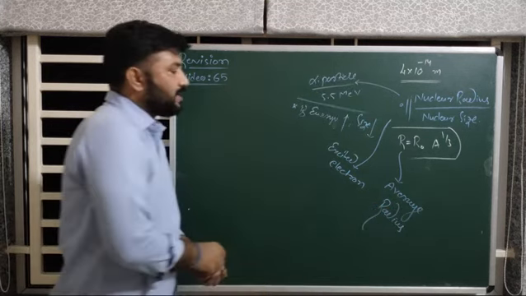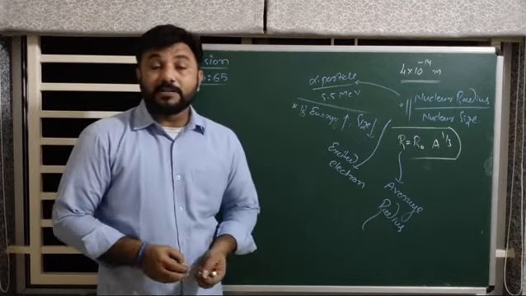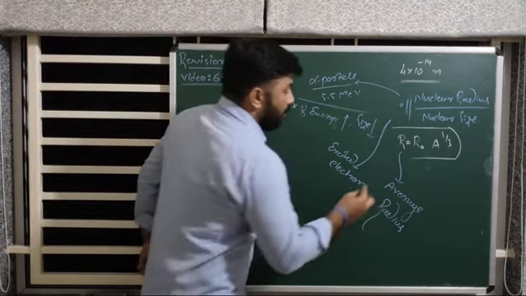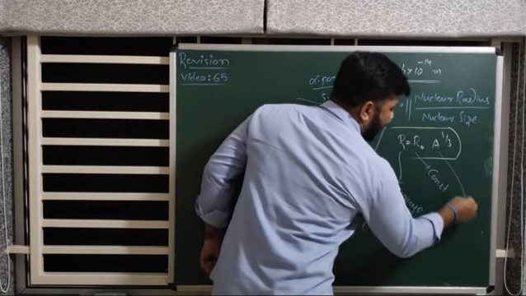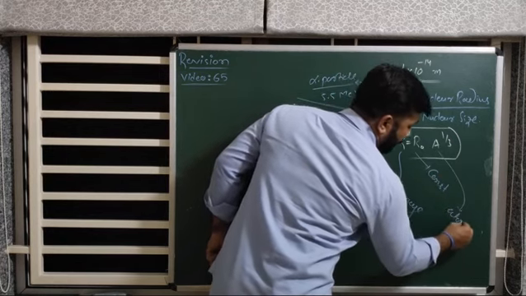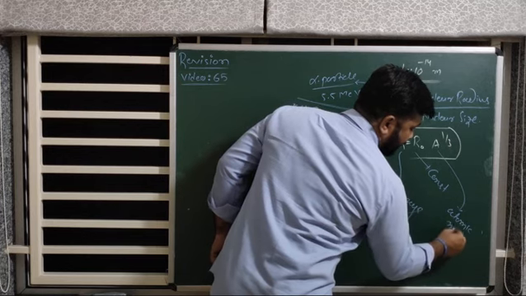And that average radius has the equation R is equal to R0 A raised to 1 by 3, where R0 is taken as a constant and A is known as atomic mass.